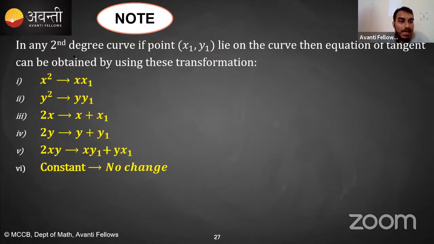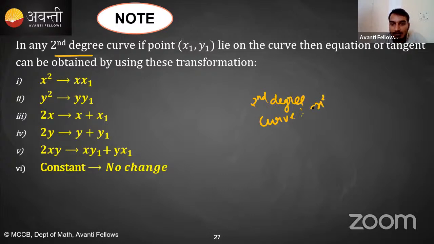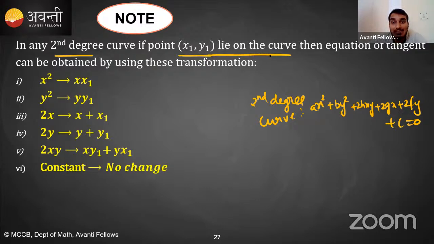In any second degree curve, let me state it again: a second degree curve is ax² + by² + 2hxy + 2gx + 2fy + c = 0. If the point (x1, y1) lies on the curve, then the equation of the tangent can be obtained by using these transformations.